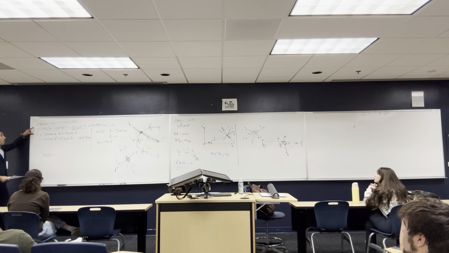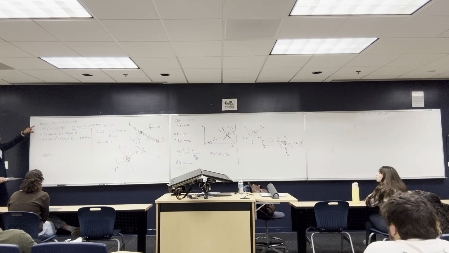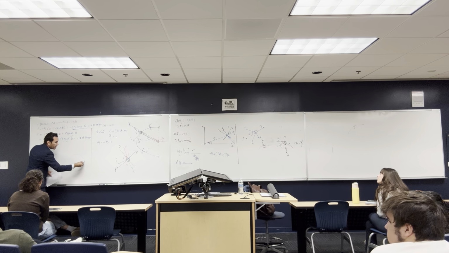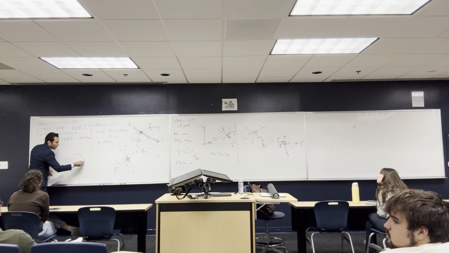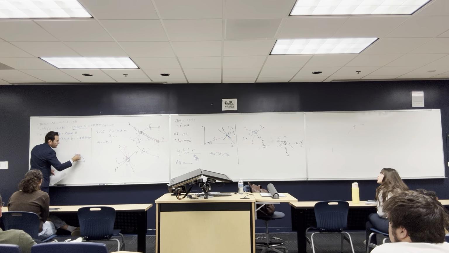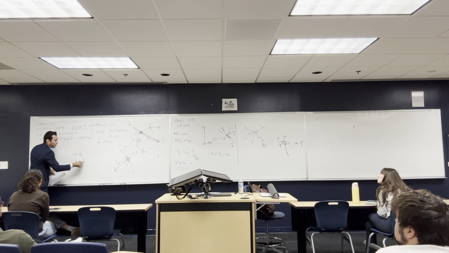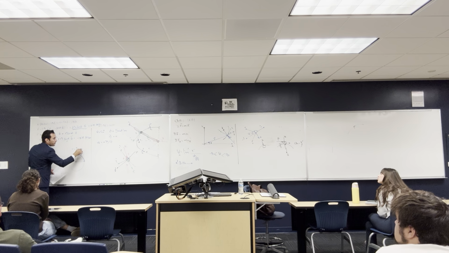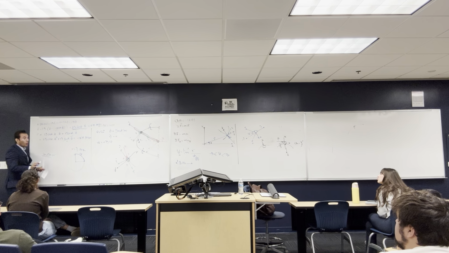But the thing is, R is not an angle. R is still a linear distance, but on the curve. So let's say this is 5 feet. If you cover this 5 feet in 2 seconds, that means that R dot is 5 over 2 feet per second. So it's always feet per second.